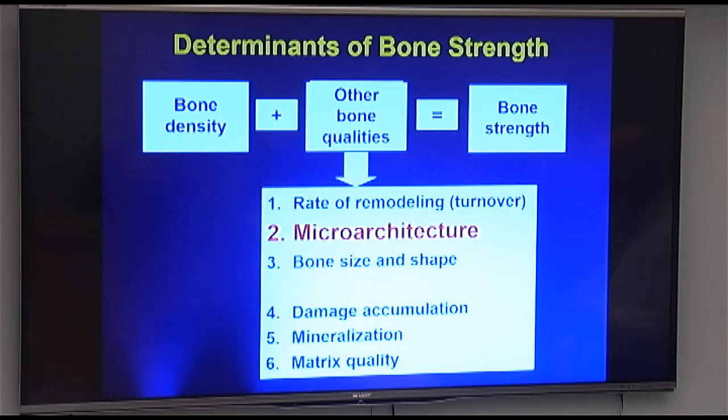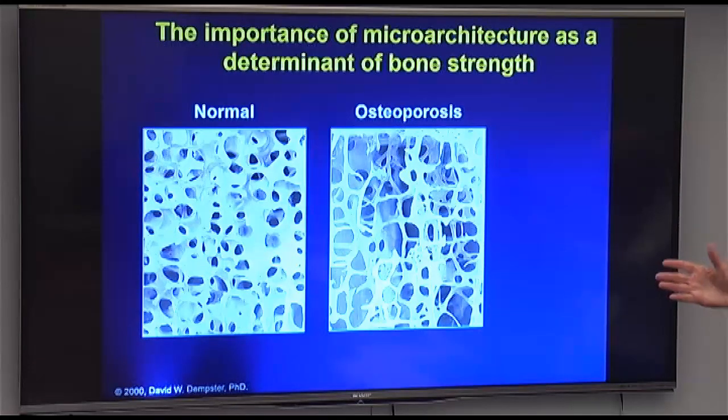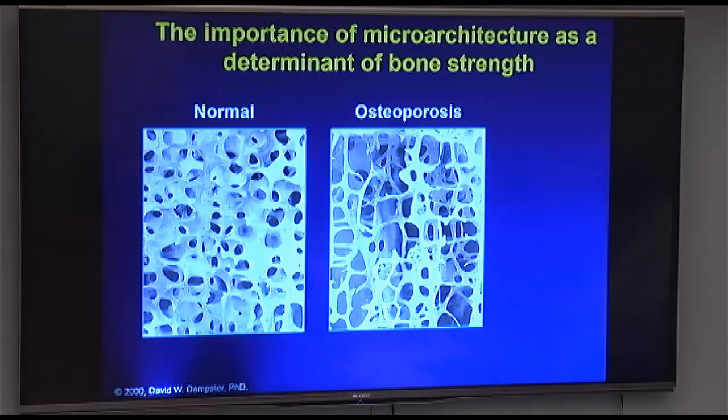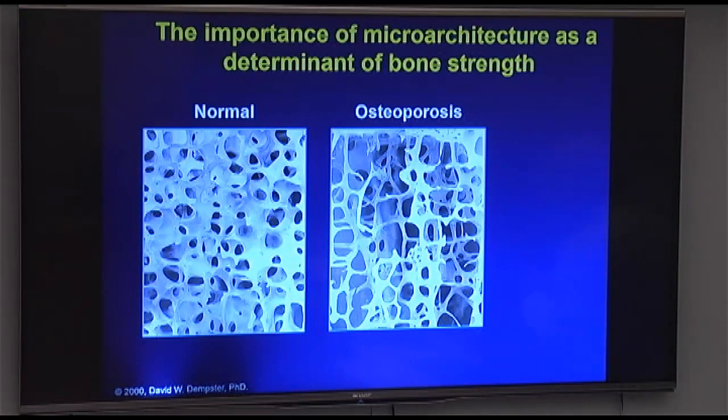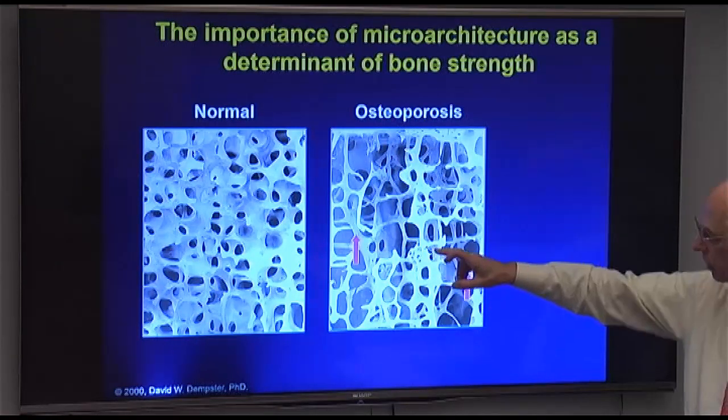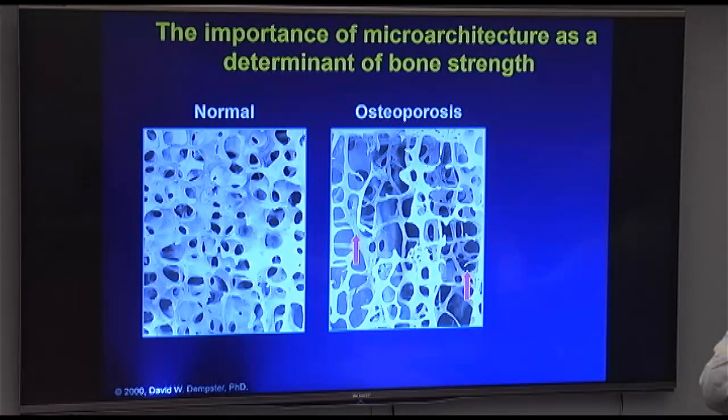So microstructure, we've seen a picture like this before. A little bit more discussion about what we are talking about when we're looking at microstructural deterioration. It's actually a very interesting topology. If you want to resolve the microstructure into the horizontal plates and the vertical rods, you can do that.